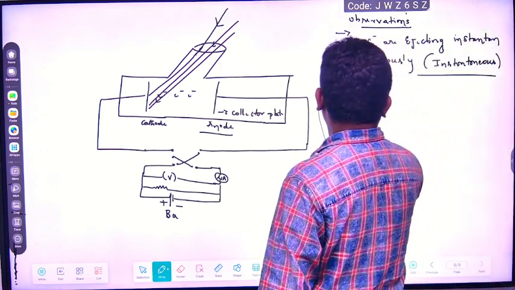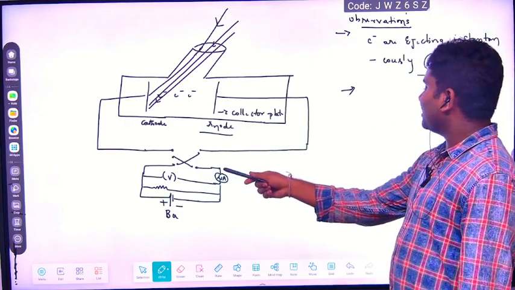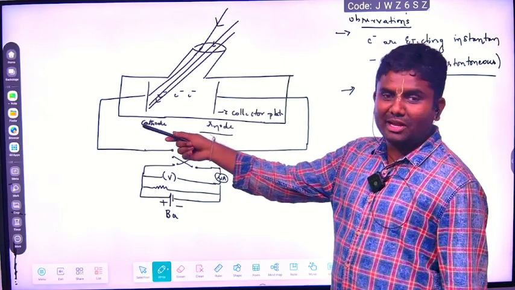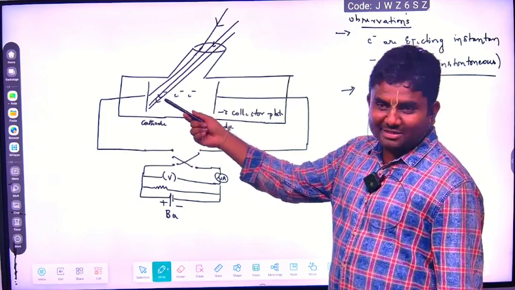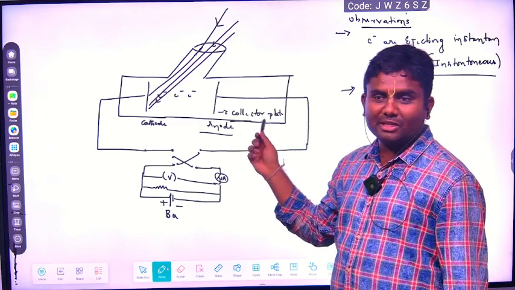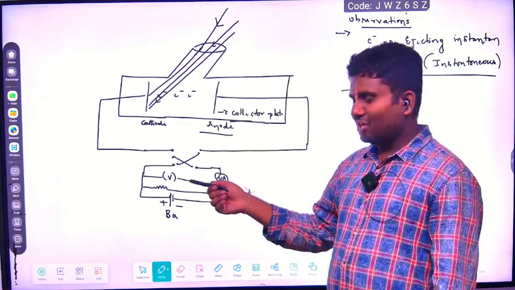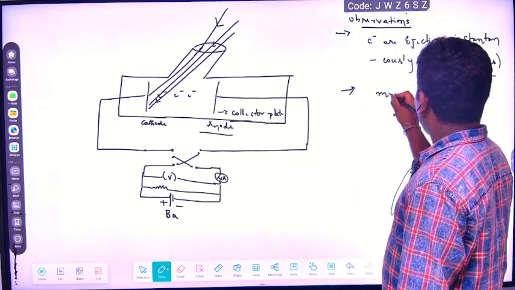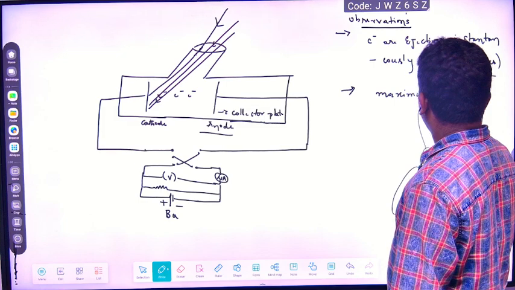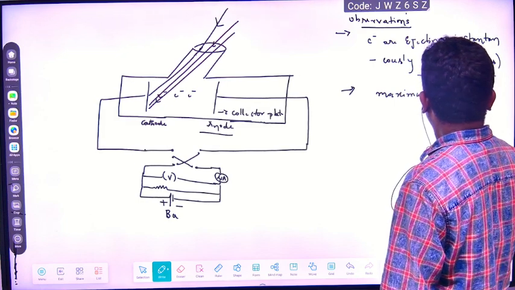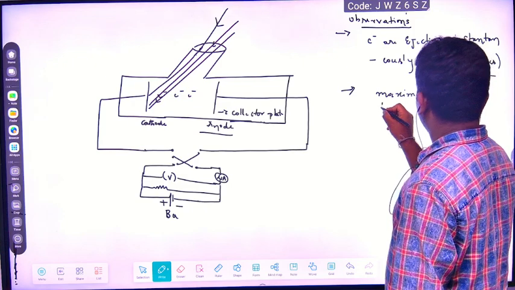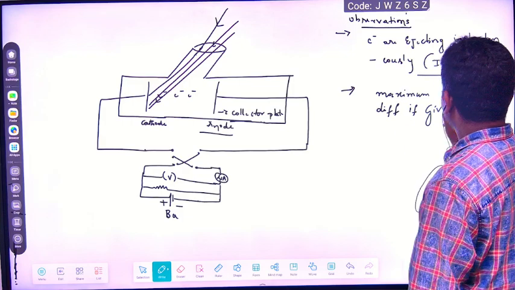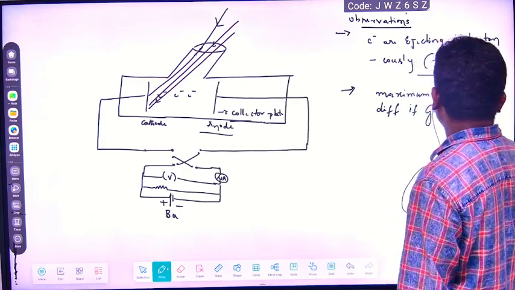Understood? The next thing they observed is that whenever there is a variation of potential, here I gave negative potential to the cathode. If I keep increasing the negative potential, the number of photoelectrons coming out increases. Understood? If we give the maximum potential difference, the number of photoelectrons coming out from the cathode plate also increases.